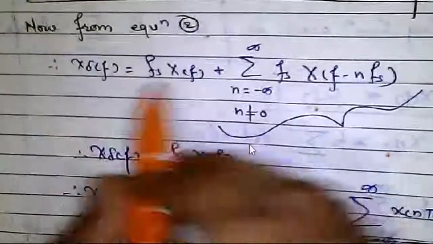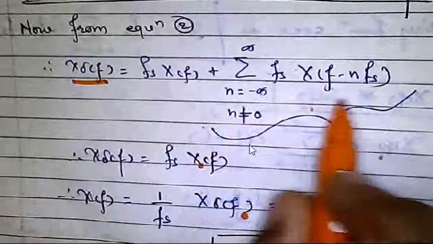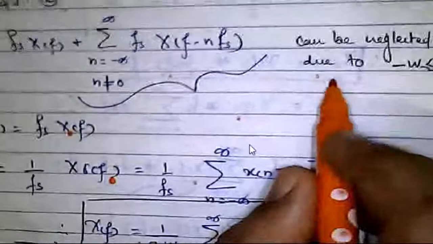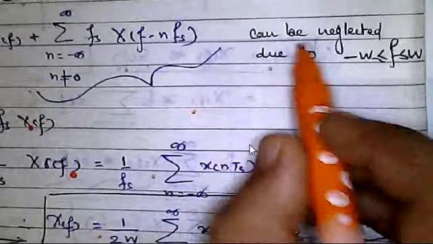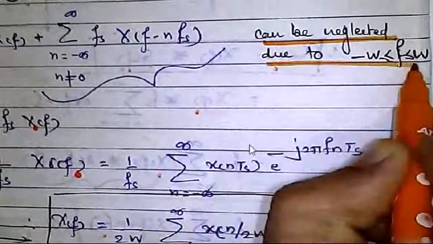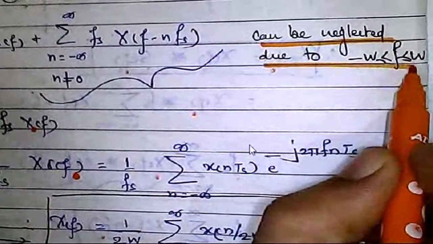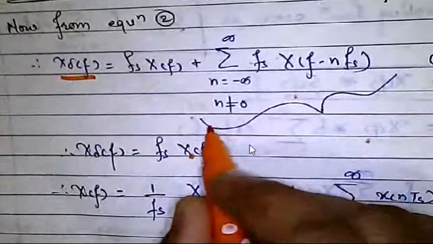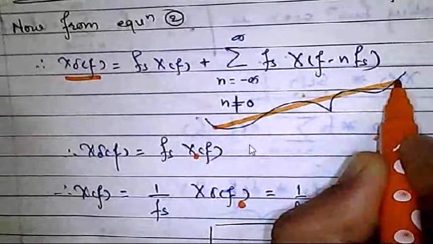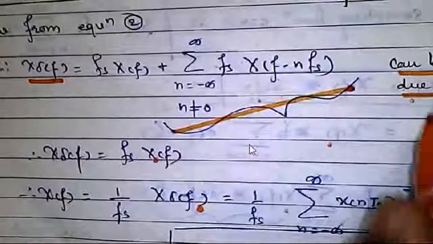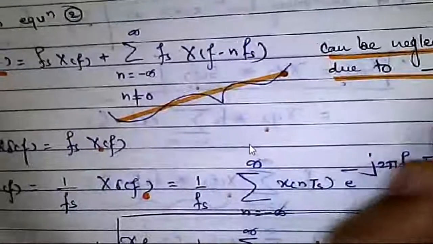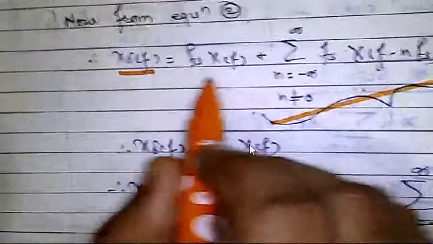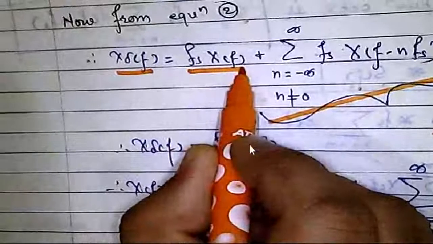From this equation 2, we are able to write x delta of f. Again the same thing. Here specifically we need to concentrate on this part, which can be neglected since frequency is not bounded within the range minus W to plus W. So we just need to concentrate on the spectrum around n equal to 0.